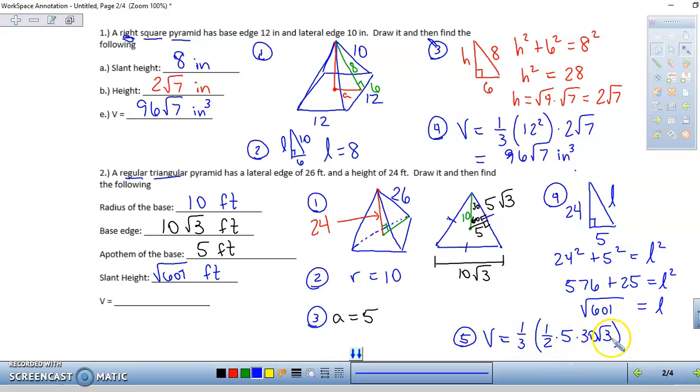So 1/3 base area, and then the height we said was 24. Okay, so you calculate that out. Maybe pause and try that. But you should end up with 600√3 feet cubed.